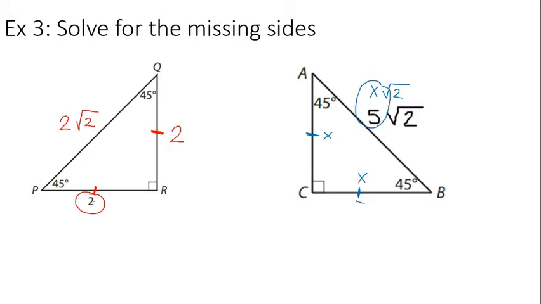That means this side here is 5, and this side here is also 5. Okay, so that's the pattern of a 45, 45, 90. The two legs here are congruent, the same size, same value. And the hypotenuse is the leg times square root of 2.